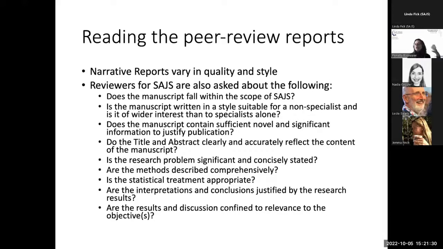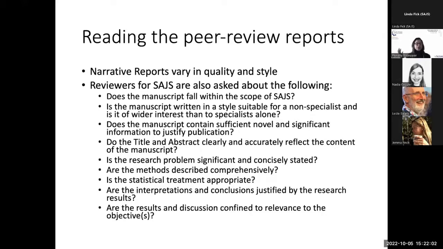Does it speak to the audience, the readers of the journal? Is the manuscript written in a style that is suitable for, and this is specific to SAJS, a non-specialist audience, and is it of wider interest than to specialists alone? Does it contain sufficient and novel, significant information to justify publication? And this would be a question asked of manuscripts across journals.